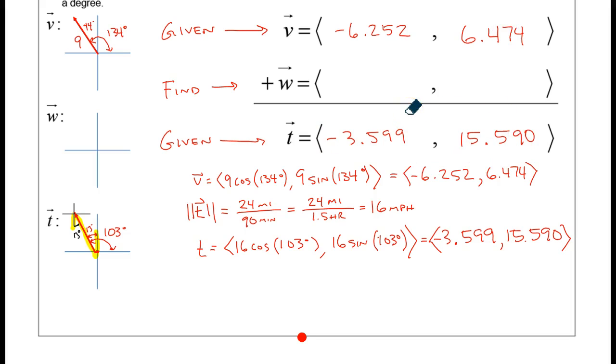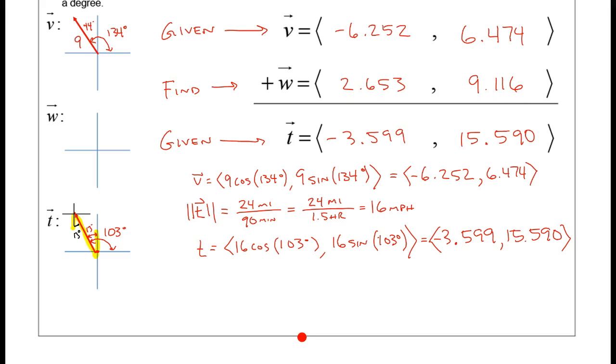And I can figure out each of these components by doing some simple subtraction. Negative 3.599 minus negative 6.252 gives me 2.653. And 15.590 minus 6.474 gives me 9.116. Okay, folks, we're almost done.